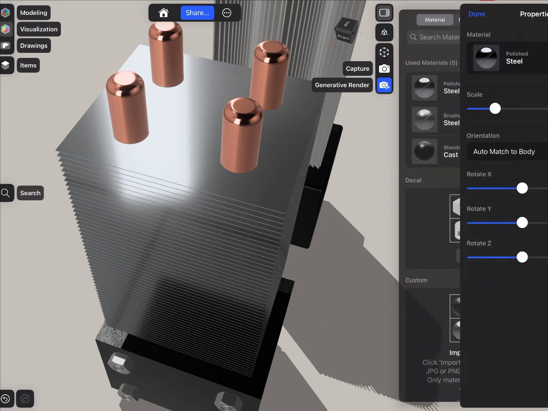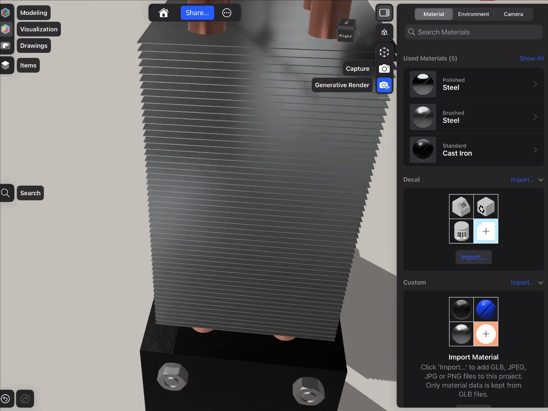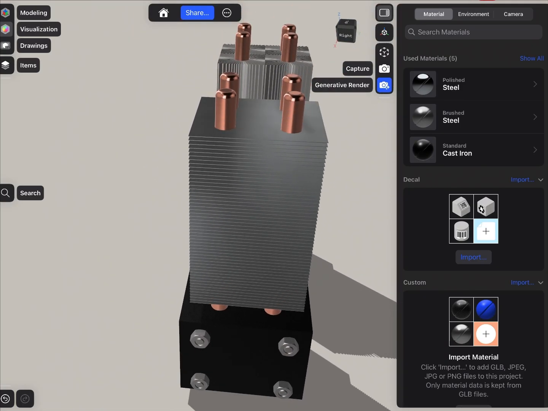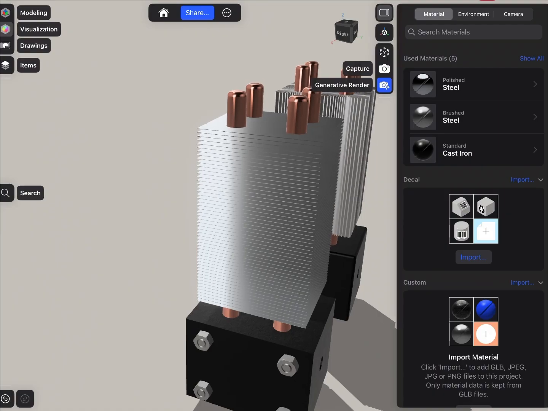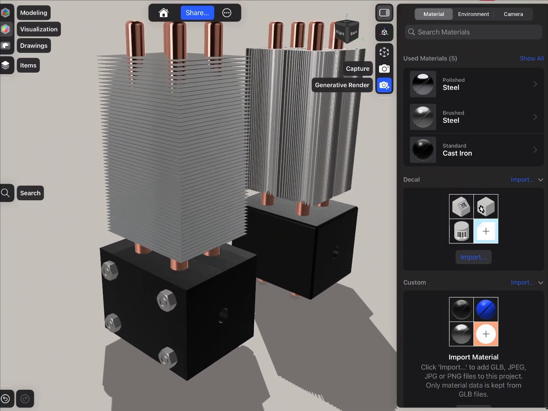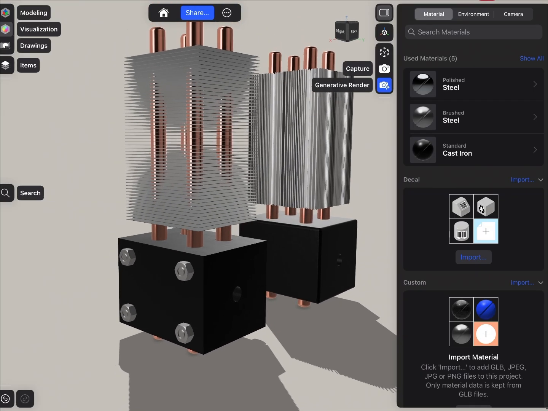It's stacked up like that on 4 copper tubes, 1, 2, 3, 4, and this is 104 pieces for heat rejection.